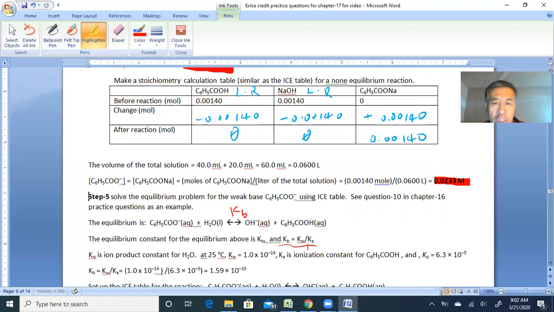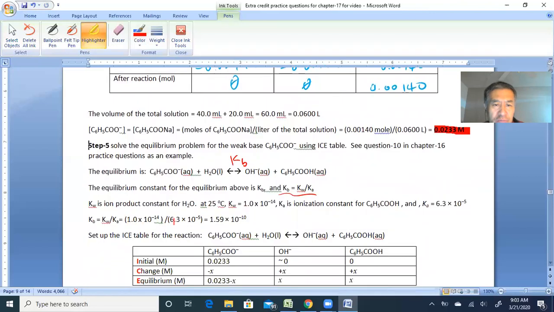We know Ka is given for the benzoic acid, and Kw is a constant. So you put this number here for Kw and this number here for Ka, and we get this fraction. Therefore, we find Kb for this equilibrium is 1.59 times 10 to the negative 10.